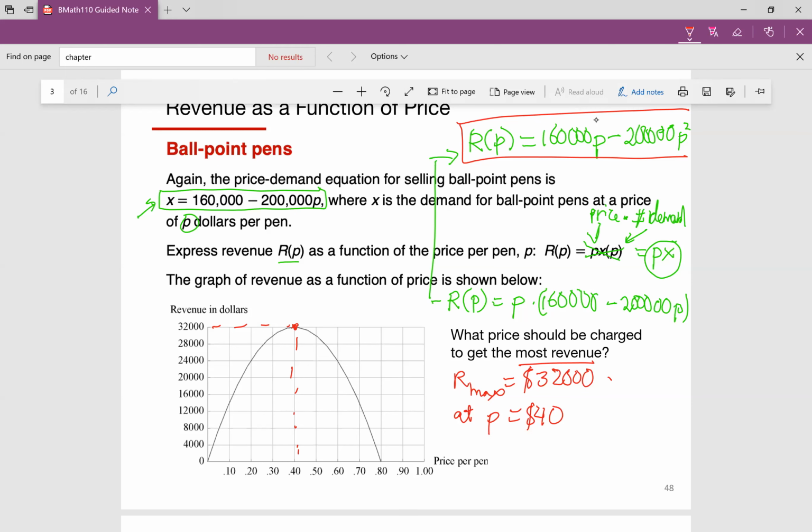So the price should be $40 charged for each pen to get the most revenue. Okay, let's move down.